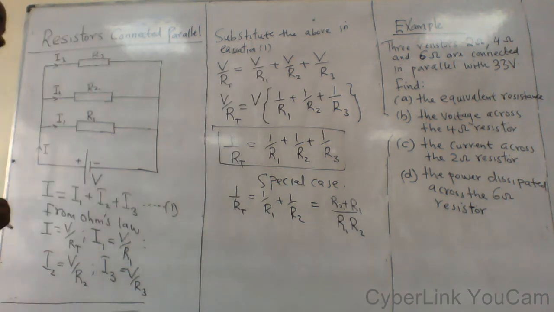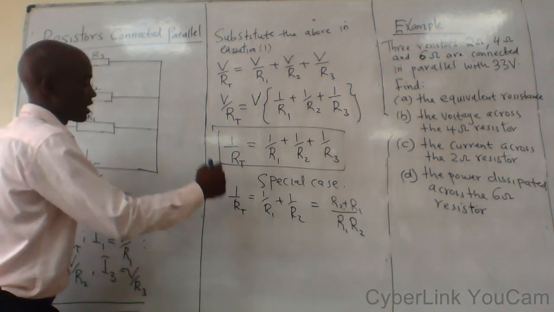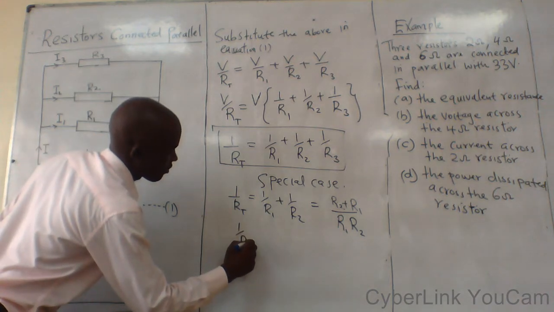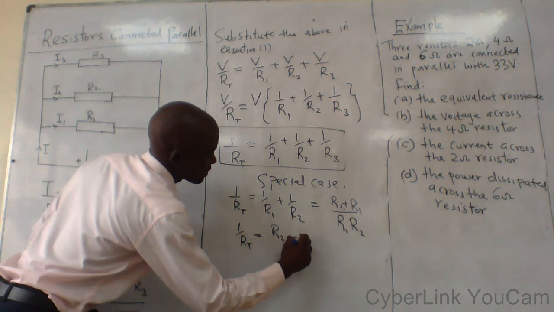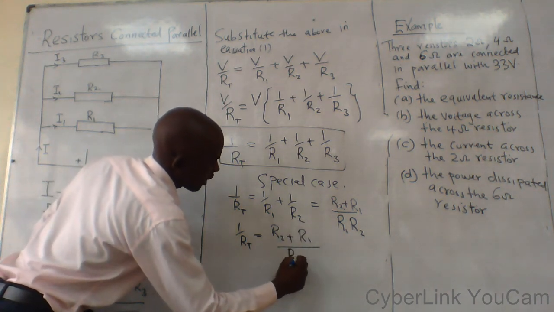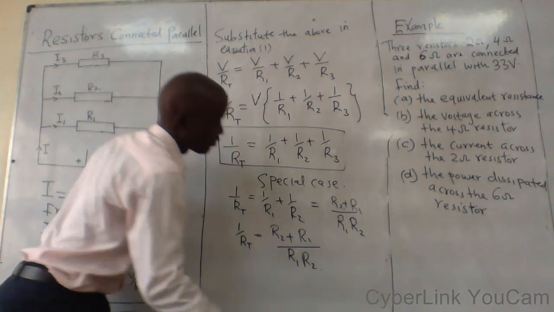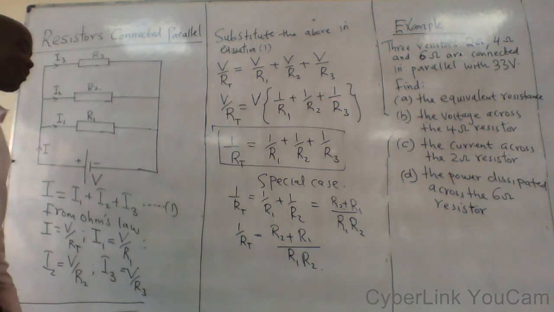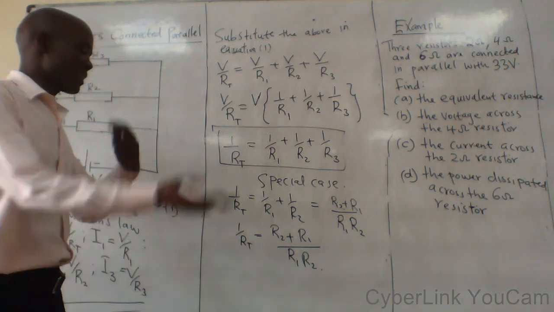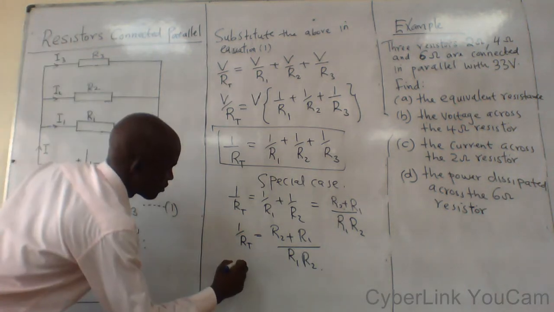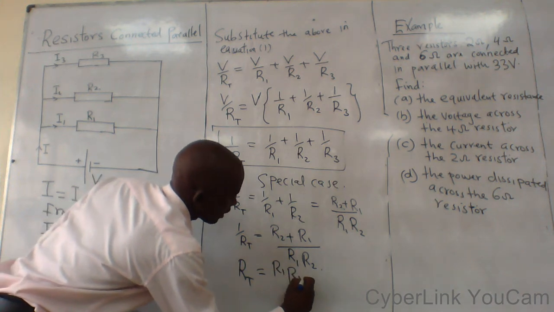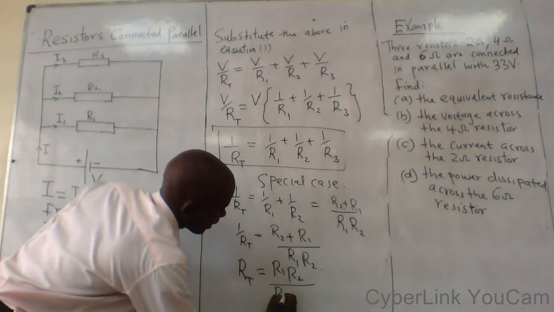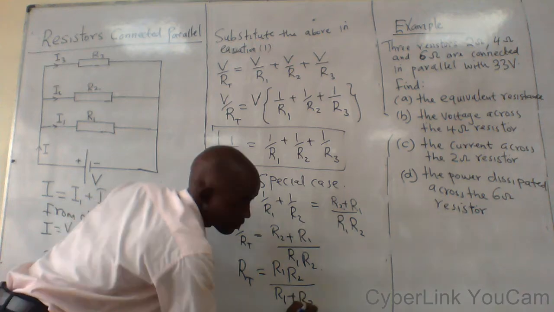So 1 over RT will be equal to R2 plus R1 all over R1 R2. Now if you want to get RT, you can take the reciprocal of everything. So RT will be equal to R1 R2 divided by R1 plus R2.